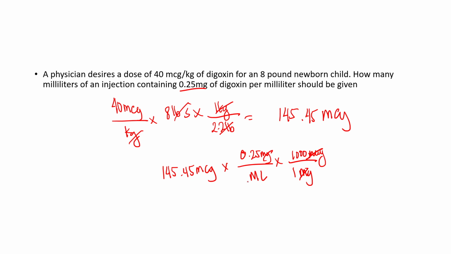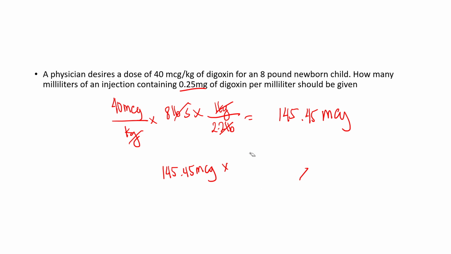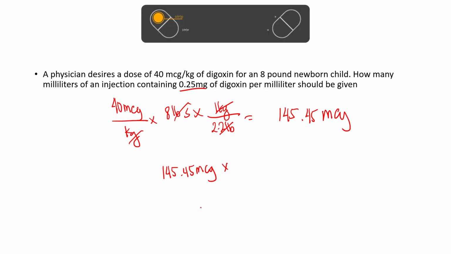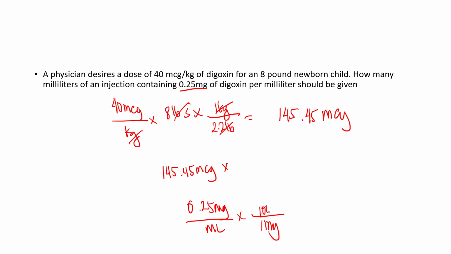Oh wait, there's an error. Okay, let us first convert 0.25 milligrams per ml of digoxin to micrograms. 1 milligram is 1000 micrograms.